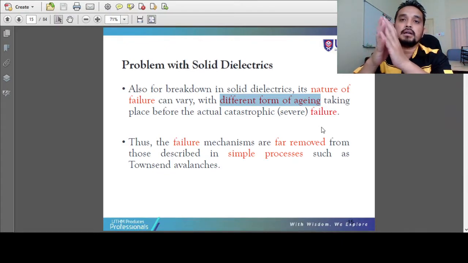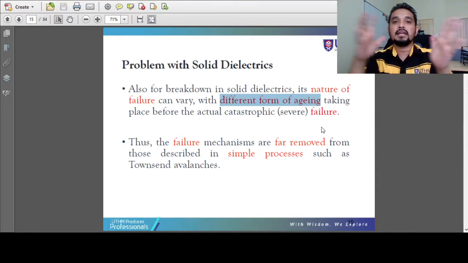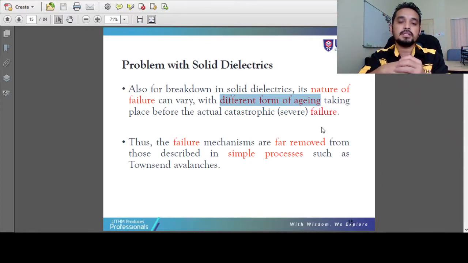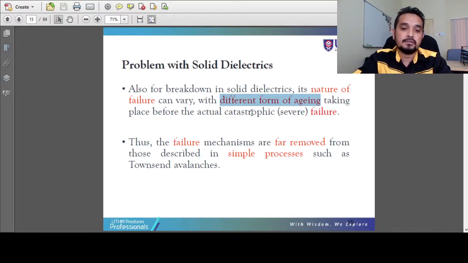For example, it was prepared for 10 years, but within a year the insulator failed and needs to be replaced due to aging. That is what we call premature degradation or premature aging, due to various external factors.